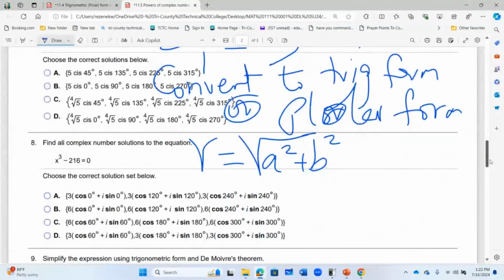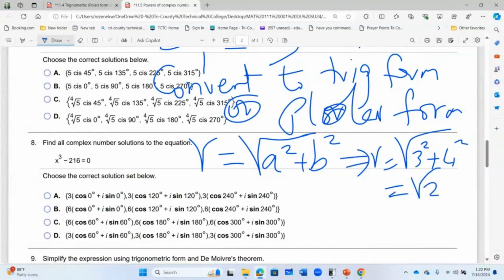So I have this, and this implies that R is equal to the square root of 3 squared, and it doesn't matter if I put positive here, plus 4 squared. 9 plus 16 is 25. The square root of 25 is 5. So we have R equal to 5.